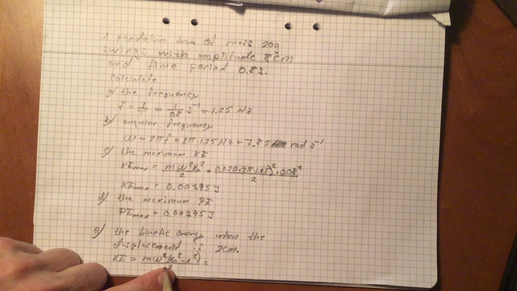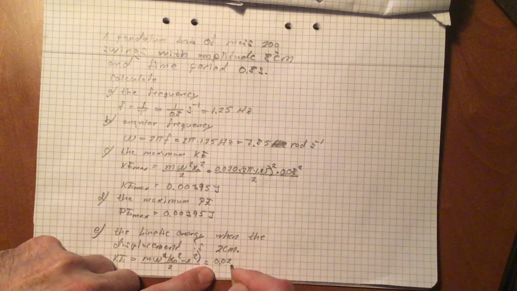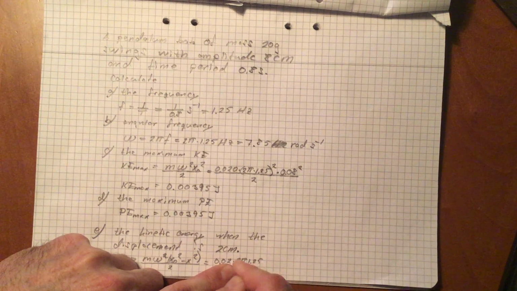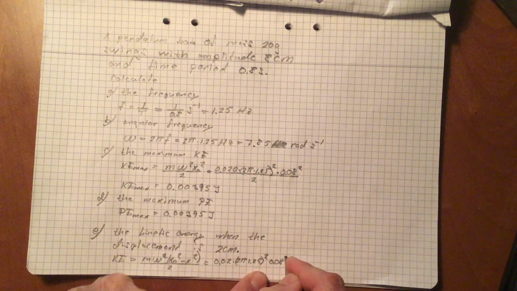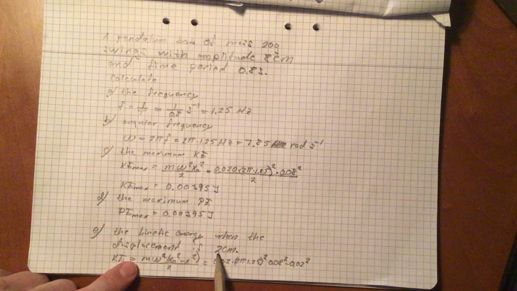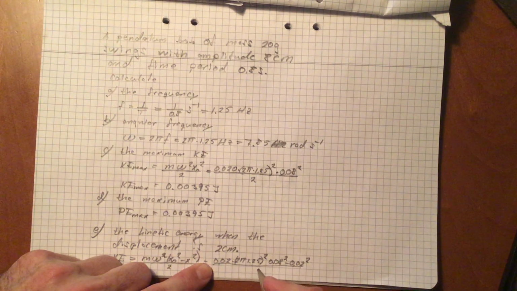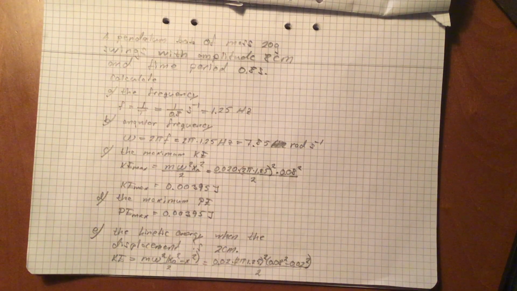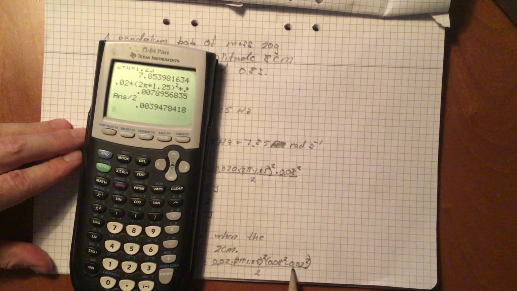Now, let's put in all we know. 0.02 times 2 pi times 1.25. I square it. I take 0.08 and square it minus 0.02, that is 2 centimeters. And I divide it by 2. I need the brackets around here. And I need my calculator to calculate this. So I start here inside the brackets.